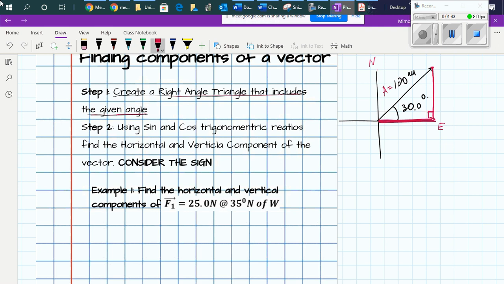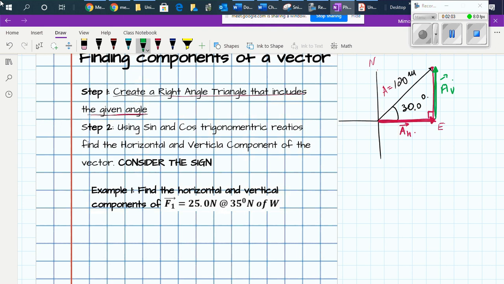One is going along the horizontal, and this is known as the horizontal component, and the other one is going along the vertical. It's a vector that goes like this.